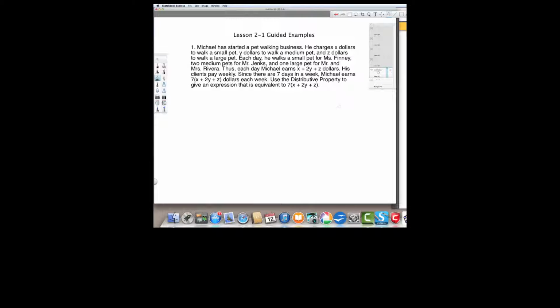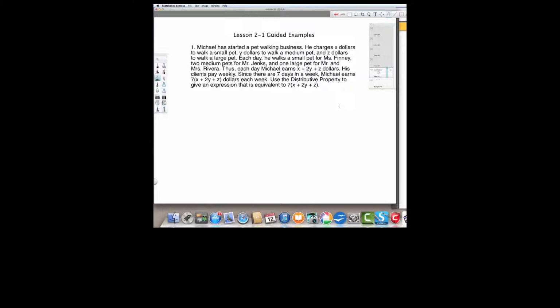Okay, let's take a look at this first one. You can read through this and get to what the question is. This is pretty typical of a lot of real-world problems. You get things that are presented and you don't really know everything, but you might want to write it up as an expression that you could evaluate later.